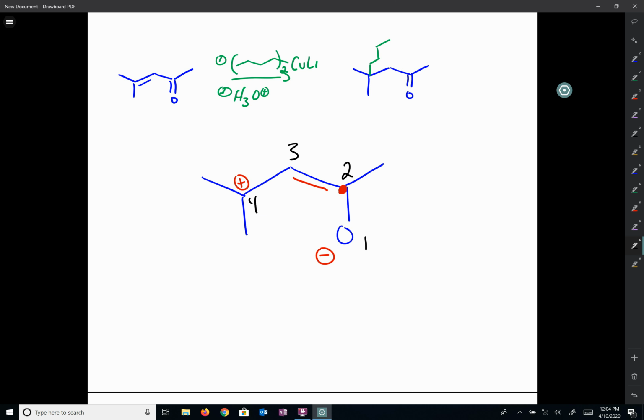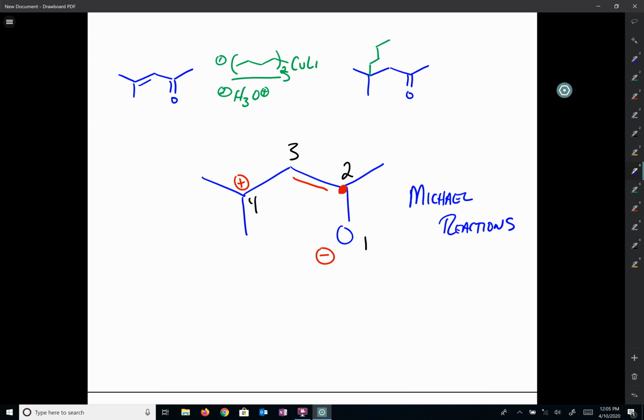So if you type in Michael reactions, you'll see there's quite a bit of literature about these. These are very important, okay? These are very useful for us. That means we can bring in and make carbon-carbon bonds at the beta position to a carbonyl. Extremely useful reactions for us, okay? And so there's a lot of it out there, and we'll talk a little bit about it here.